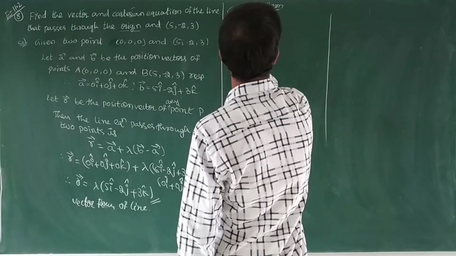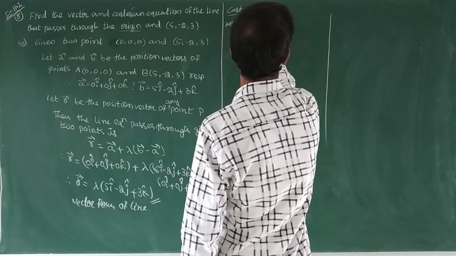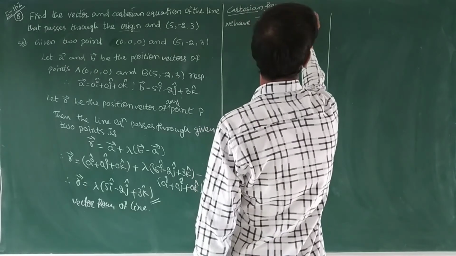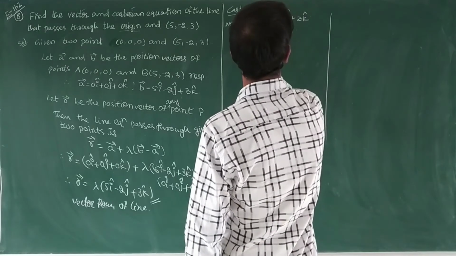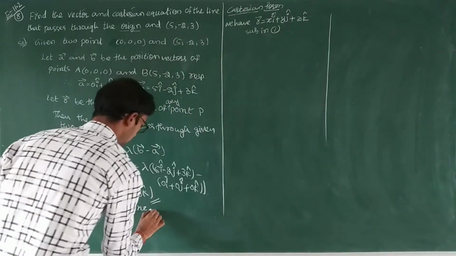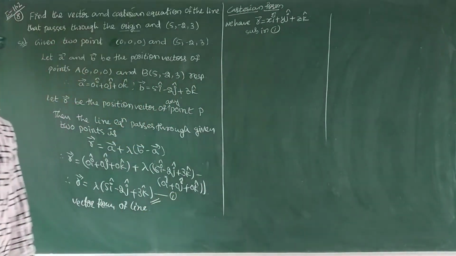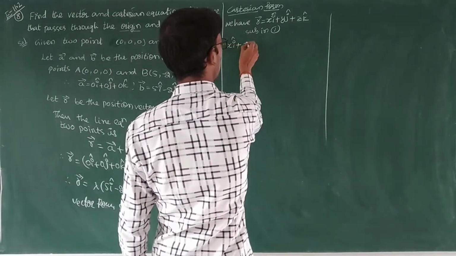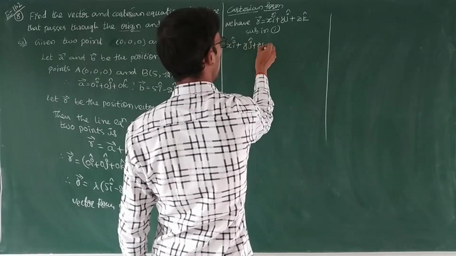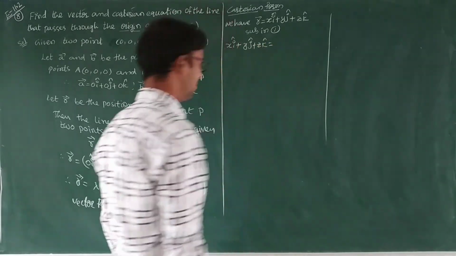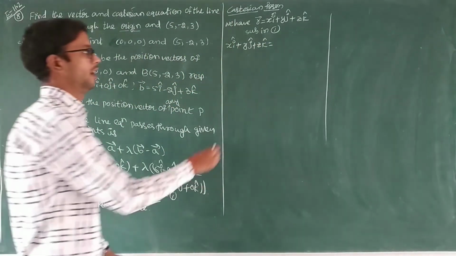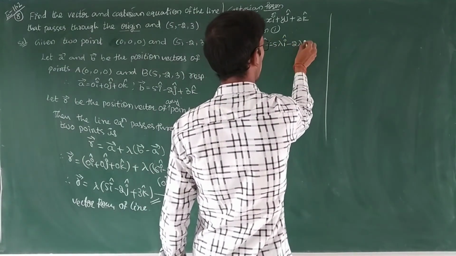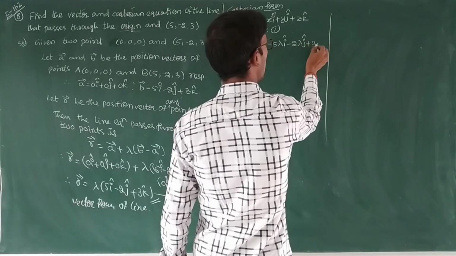We have r bar equal to x i cap plus y j cap plus z k cap. Substitute in 1. x i cap plus y j cap plus z k cap is equal to lambda multiplied inside, 5 i cap minus 2 j cap plus 3 k cap.